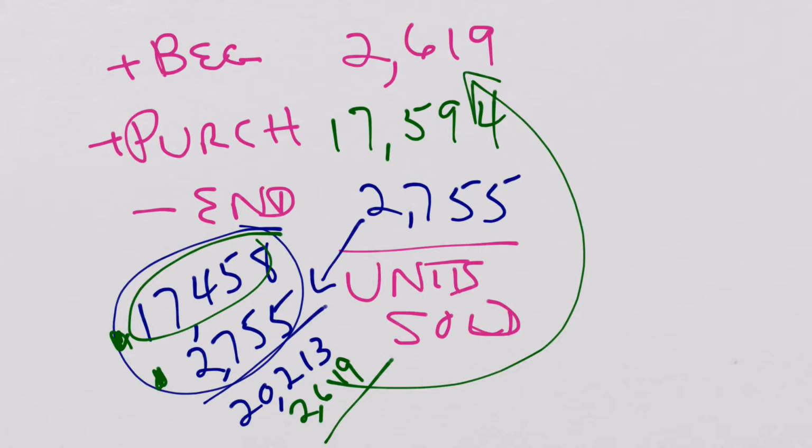Because that's, and here it's not really the units sold. Let me just correct some language. It's not really the units sold, it's the units that go out of production, so to speak. I'm going to say that in another way.